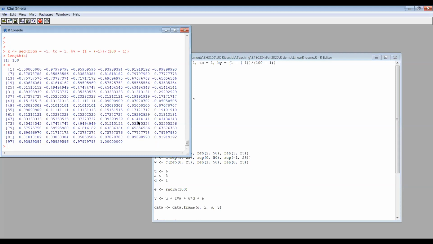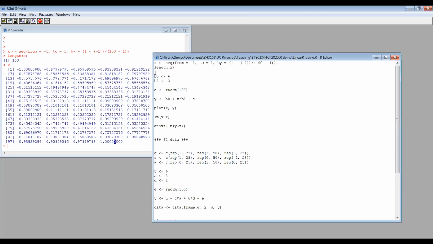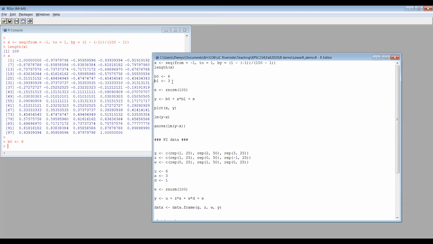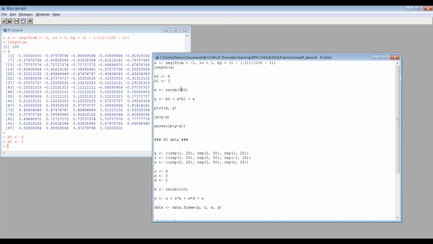Here I don't use the 1 0 1 0, because I use a general case. We just generate 100 values evenly distributed from -1 to 1. Now suppose we let B0 equal 6 and B1 equal 3.